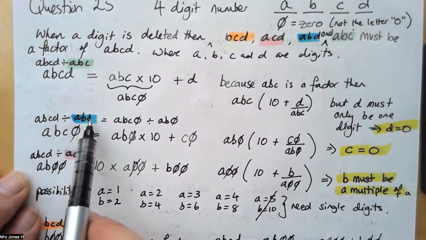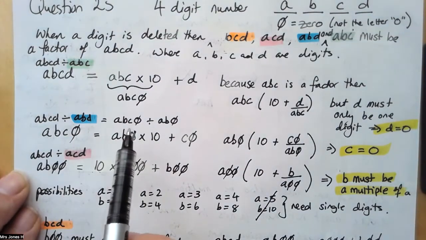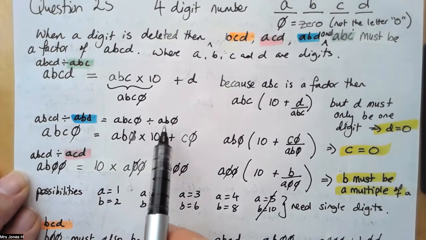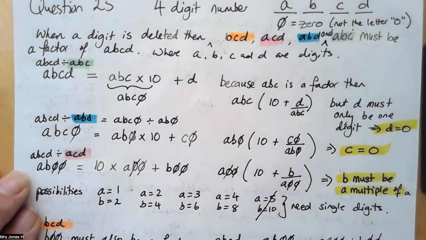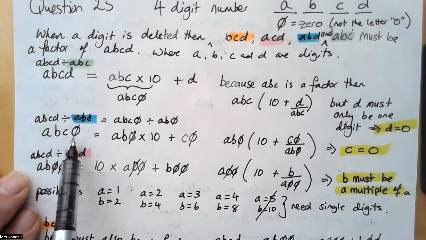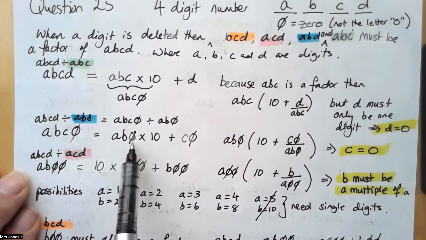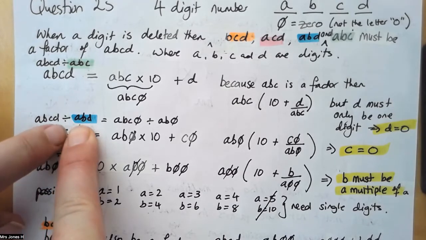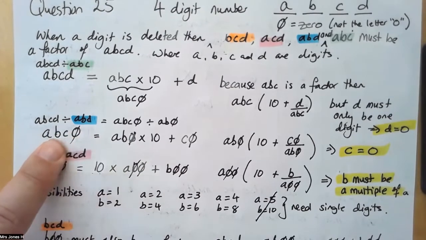But we already know some key information about these two numbers. We know that ABC0 divided by AB0, because D is 0. So what does ABC0 look like? Well, it's AB0 as a 100 here, multiplied by 10 puts it in the right place value.